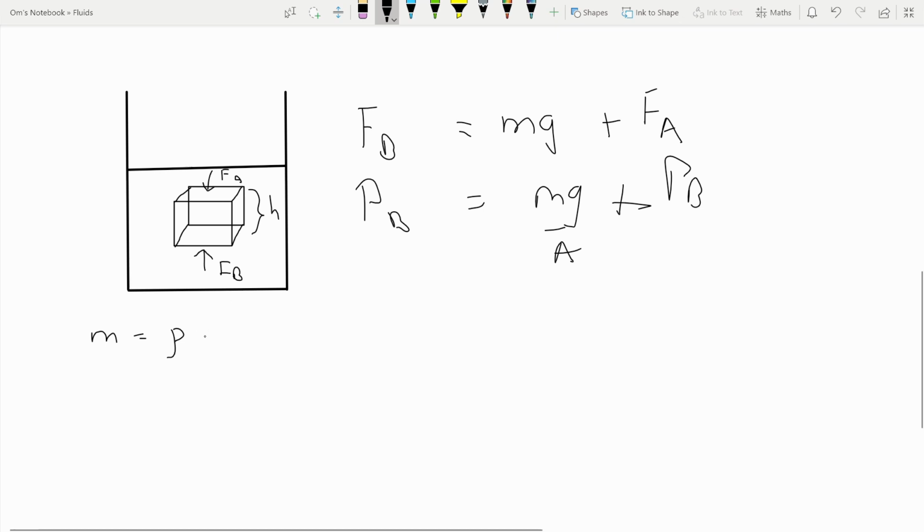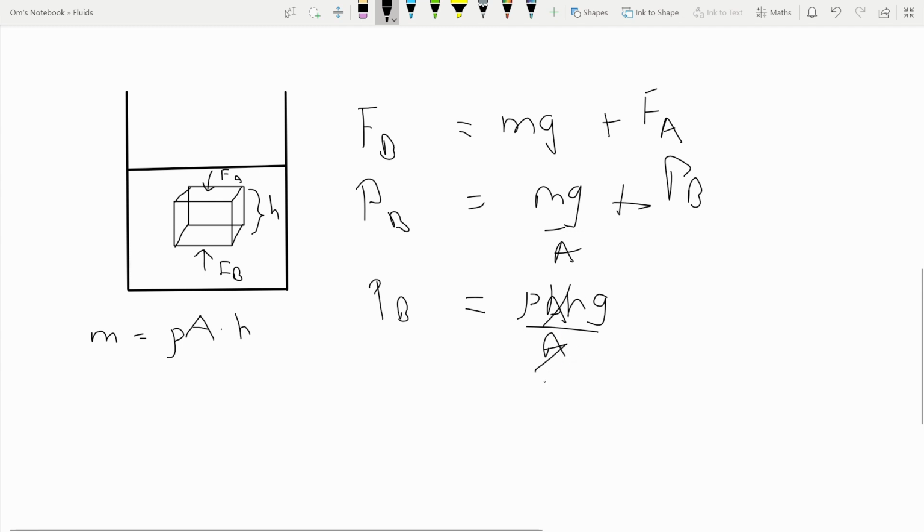Or in general, you can simply say rho A into h, where A can be the arbitrary cross section of the shape, and h is the height difference between these two points. So we can say m is equal to rho into volume, and V is equal to A into h. So PB can now be written as rho A h g by A.